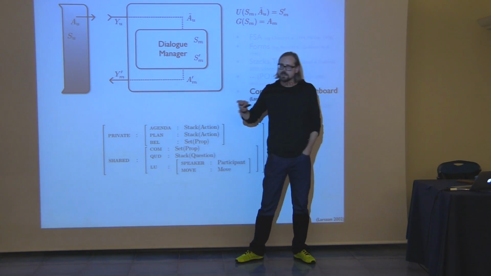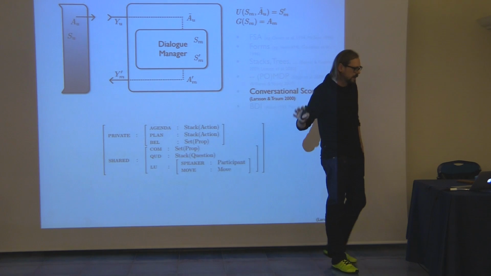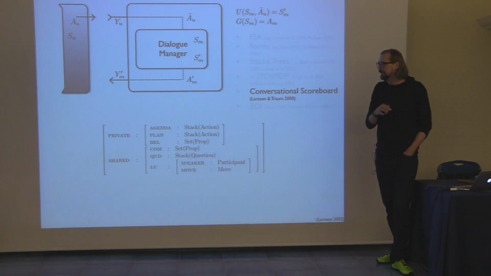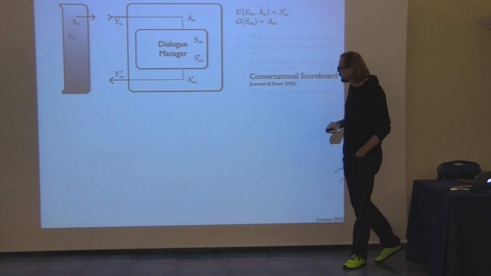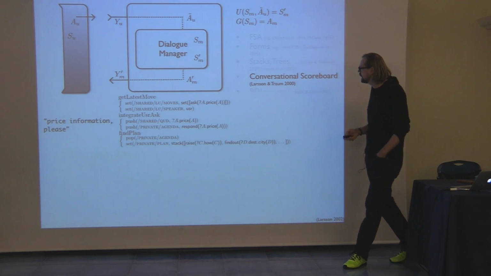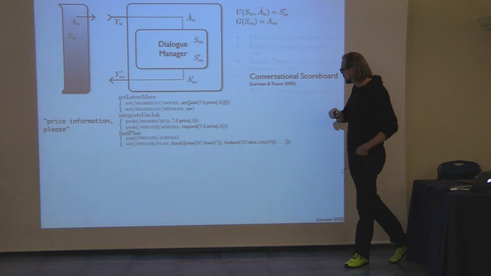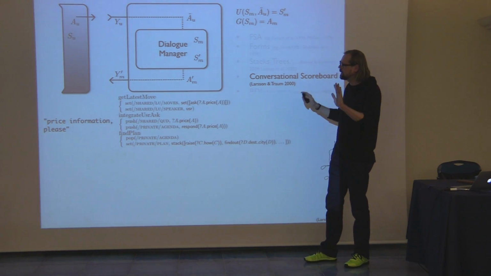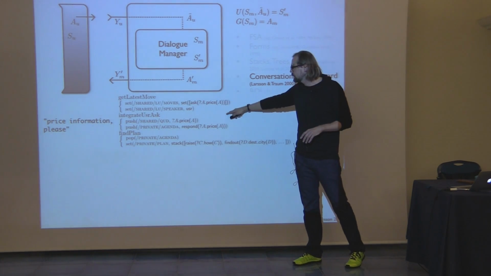Split typically into something that is assumed to be private to one agent and things that are assumed to be shared. But the way you get from one structured state of the dialogue to another is via these update rules.